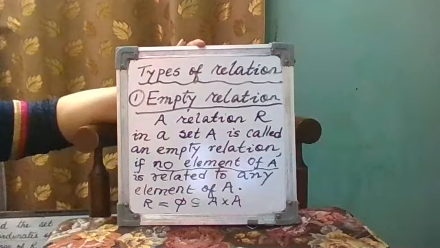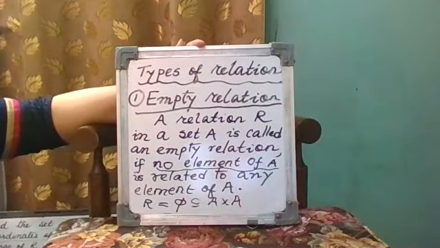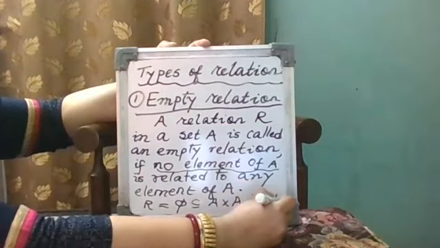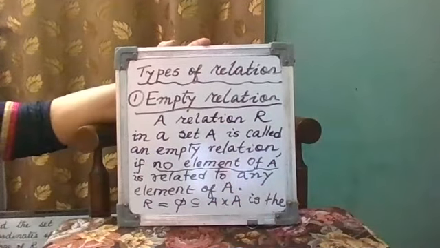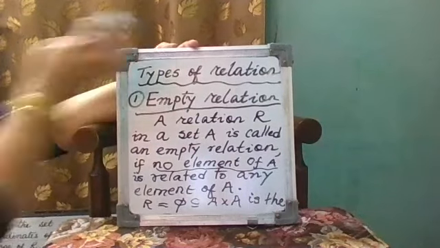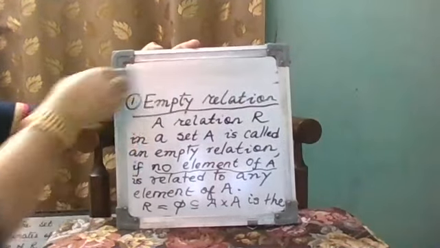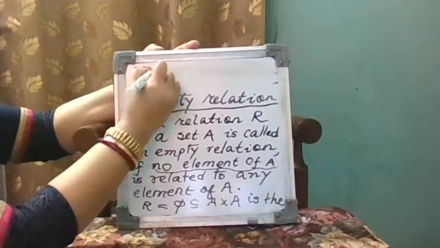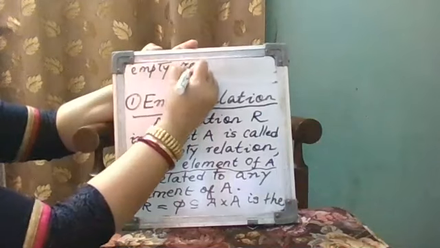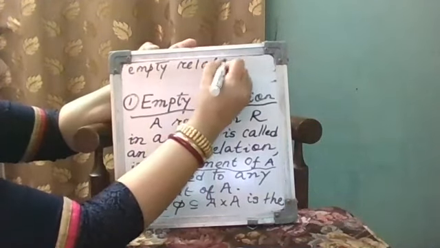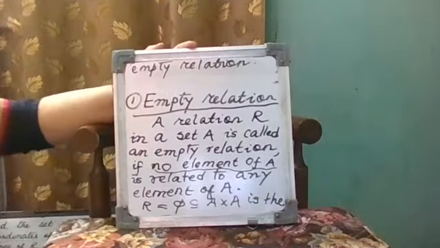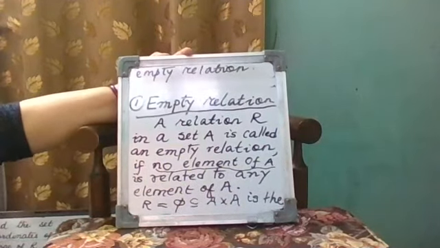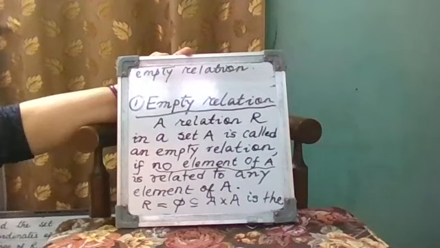So R equals the empty set, which is a subset of A cross A, is the empty relation. I'll give an example also here to explain this.